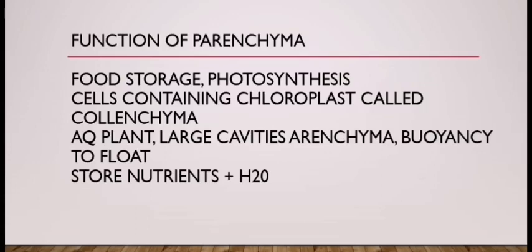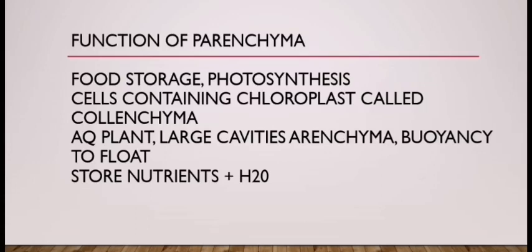Now, those plants which live in water, like the aquatic plants, have large cavities. So, that type of parenchyma tissue which has large cavities in it, which will help the aquatic plants to float in water, is called aerenchyma.